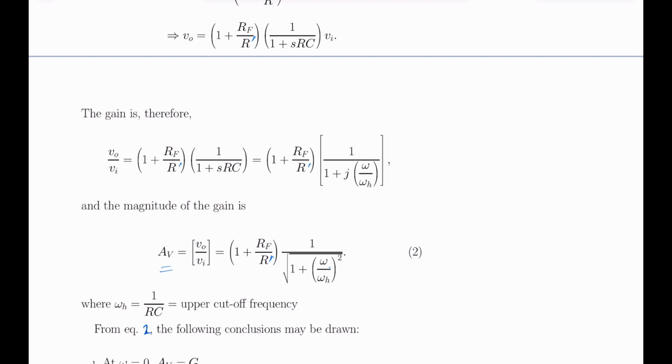So this is 1 plus Rf by R dash into 1 upon 1 plus j omega upon omega h, where omega h is equal to 1 upon RC. And this is your higher cutoff frequency or upper cutoff frequency.